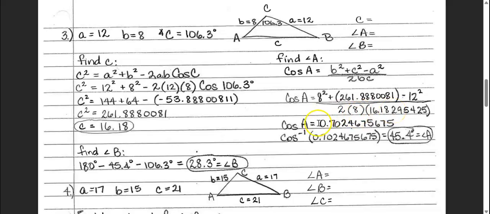So when I throw that into my calculator, I get this itty bitty decimal again. So that reminds me, hey, I'm not done. That's what cosine A equals. I need to know just what angle A equals. I need to get rid of the cosine. So to do that, I use inverse cosine of that decimal, and then I'll get 45.4. So once I know 2 angles of the triangle, remember I can just subtract from 180 to get the third one.